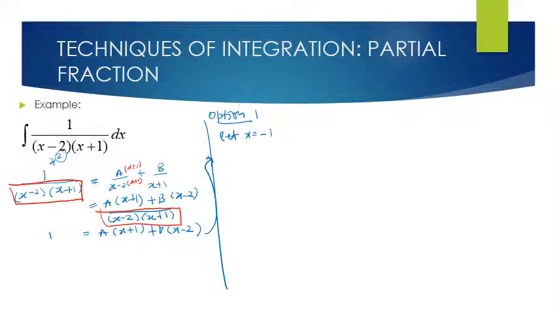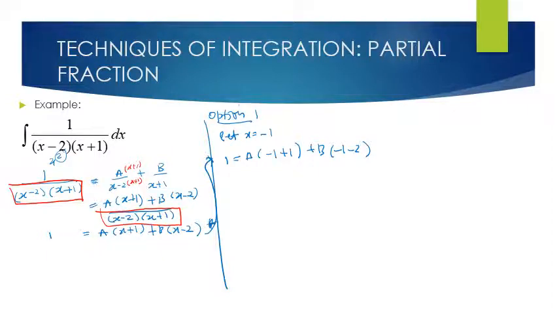So we have 1 equal to a(-1 + 1) + b(-1 - 2). We just copy this from the equation.